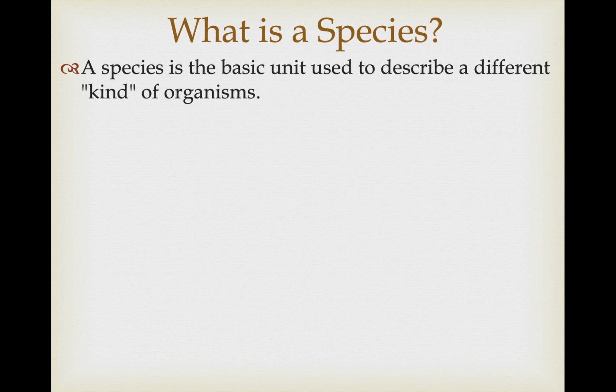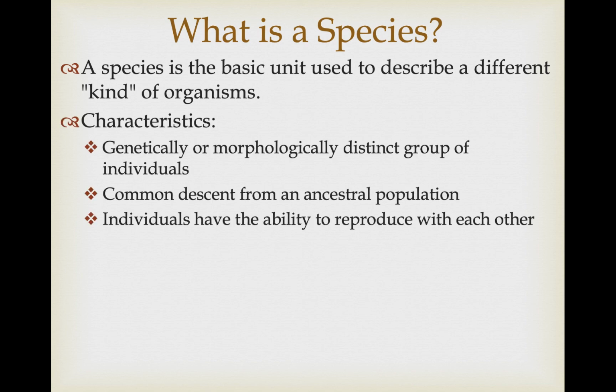Those are different species. The characteristics of species are they have to be genetically or morphologically distinct groups of individuals. So, if you look at a cardinal, again, you can see that 3 different cardinals are going to look more similar to each other than either of them is going to look to another species of bird. This is because they share a common descent from an ancestral population.